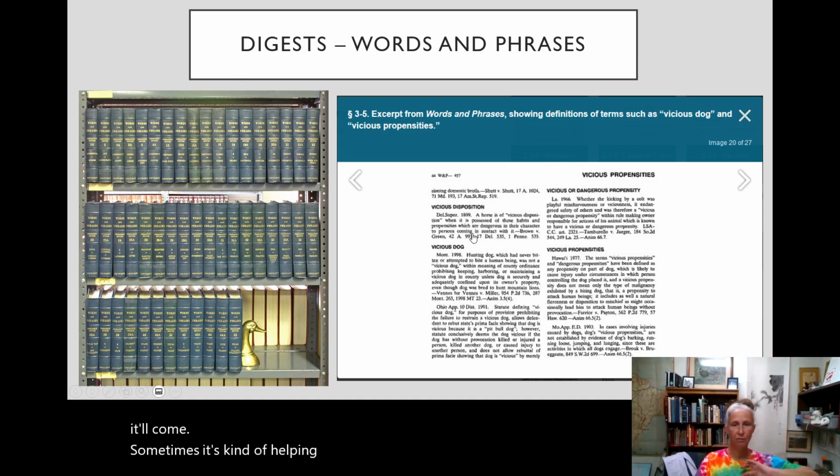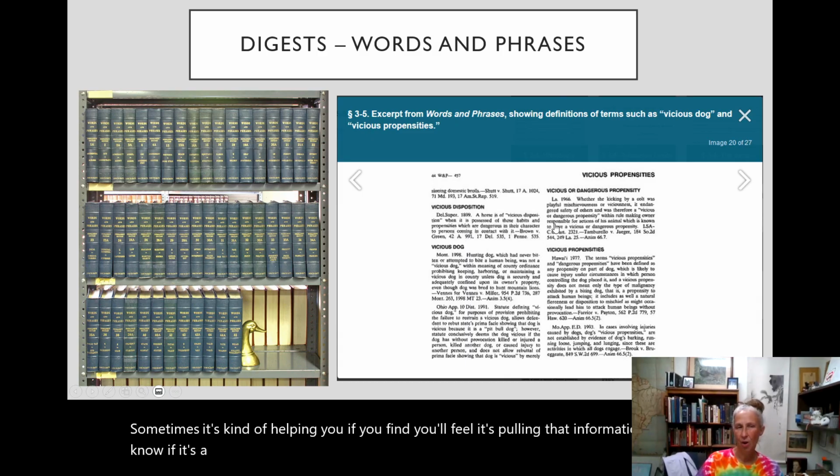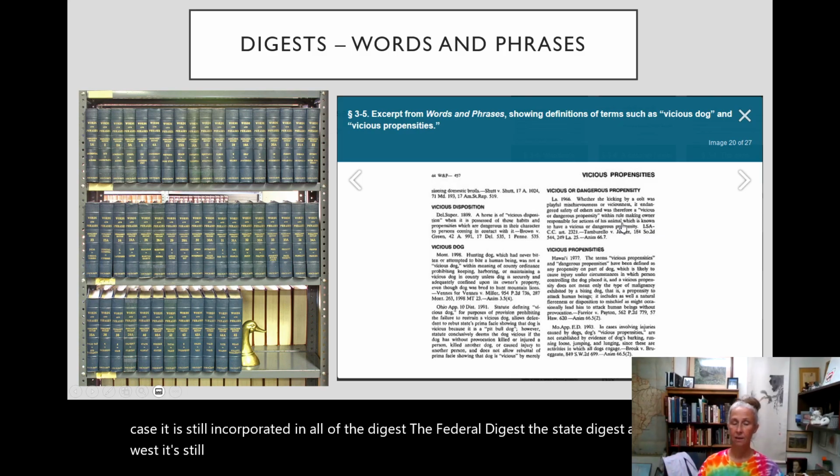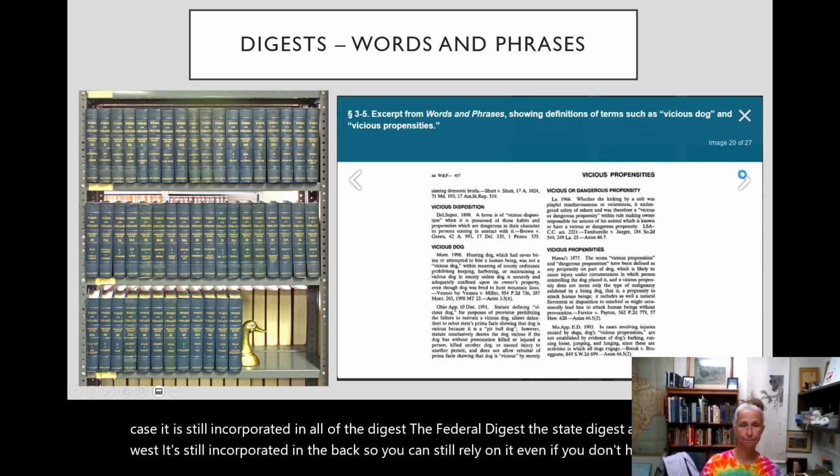If you find it, it's pulling that information. I don't know if it's a database. I would hope it would still be a database, but I'm not sure. But in any case, it is still incorporated in all of the digests, the federal digest, the state digest, anything by West. It's still incorporated in the back. So you can still rely on it, even if you don't have access to the full set.